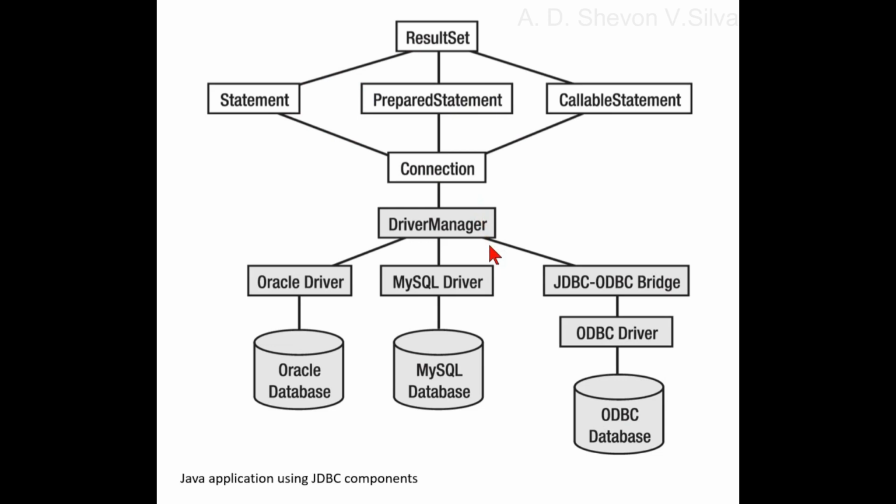Class DriverManager: the basic service for managing a set of JDBC drivers. Note, the DataSource interface provides another way to connect to a data source. The use of a DataSource object is the preferred means of connecting to a data source.